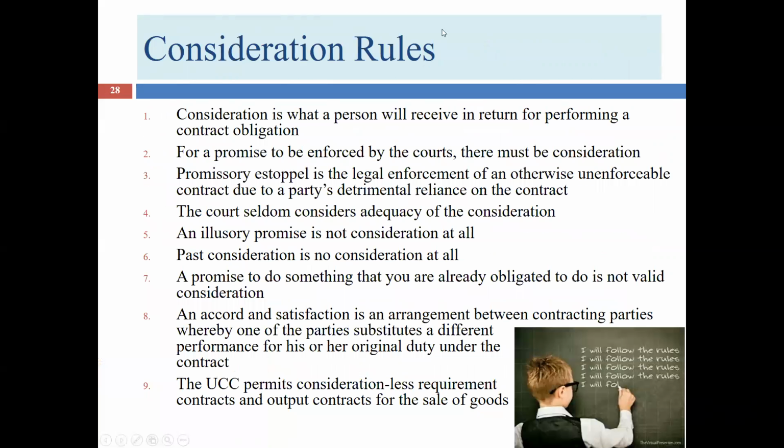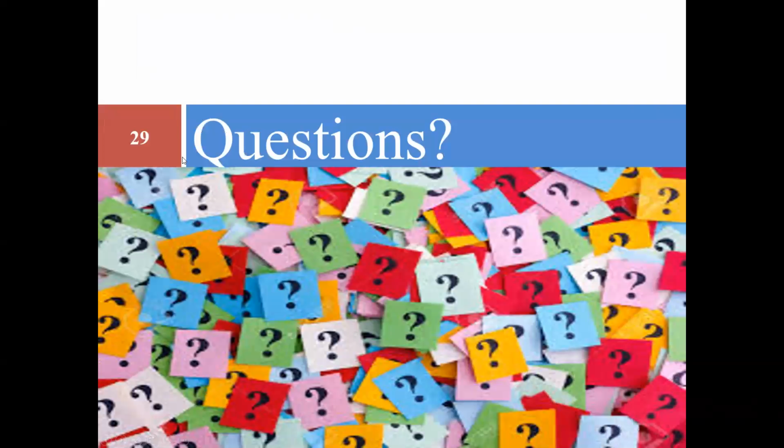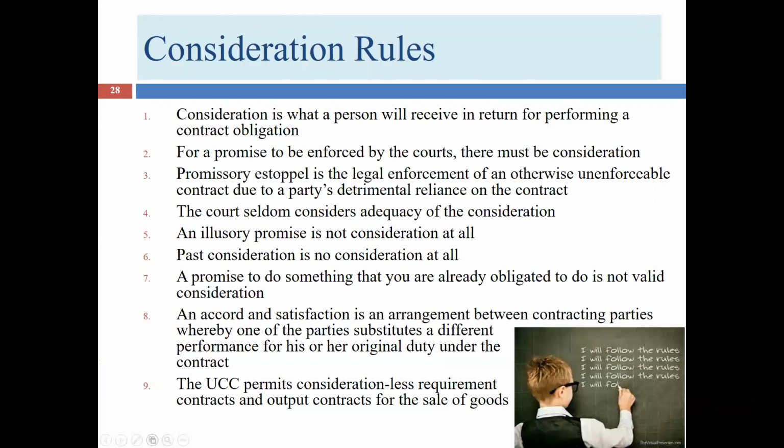So now we've gone through all 9 of our consideration rules. A contract is what a person will receive in return for performing a contractual obligation. That's our first rule. Oops, sorry, I went too far. For a promise to be enforced by the court, there must be consideration. Rule number 2.